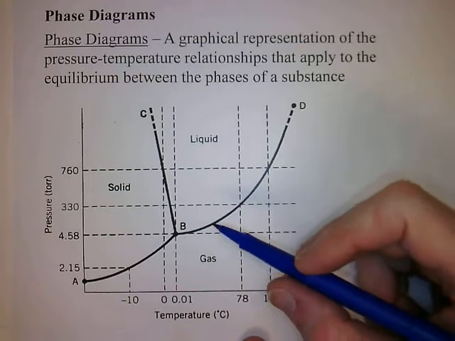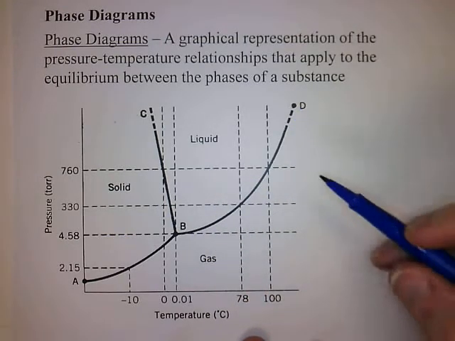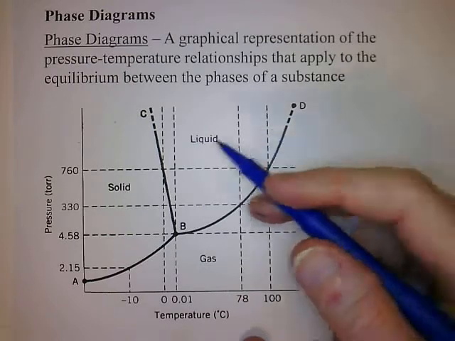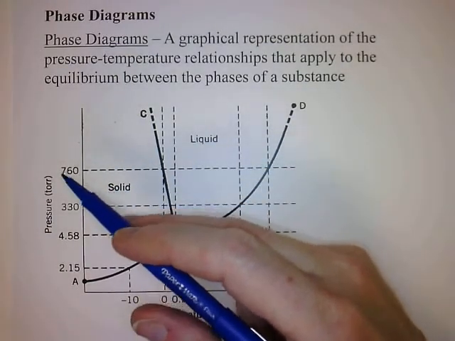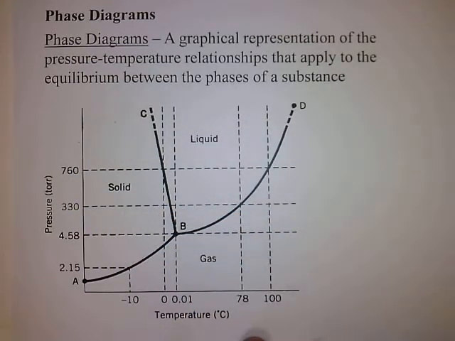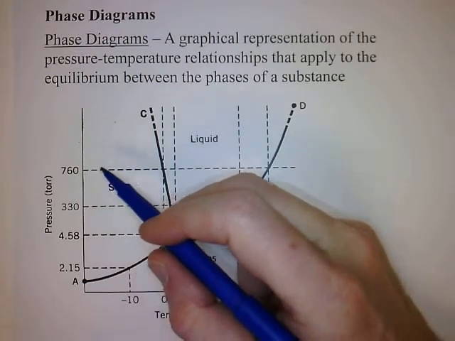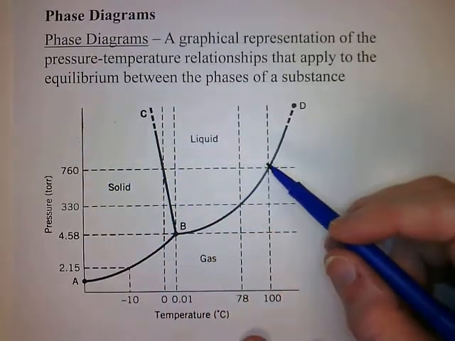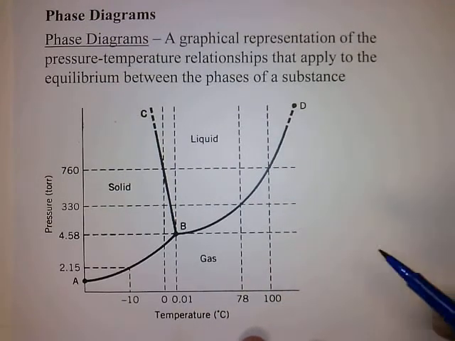Basically, points along this curve will tell you the boiling point of the liquid. For example, you should remember from Chem 1, a pressure of 760 torr is 1 atmosphere. So at 760 torr, water has a boiling point of 100 Celsius.